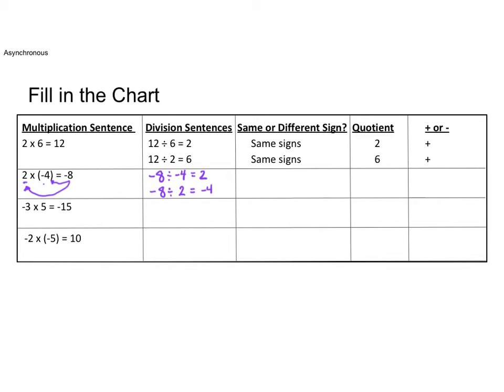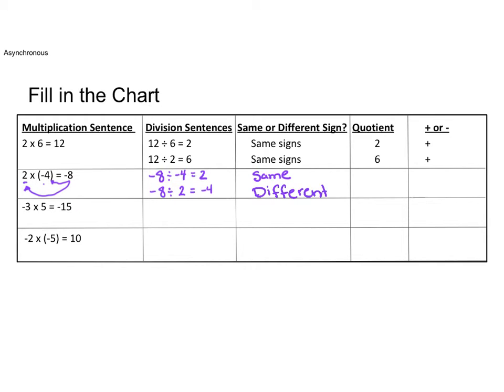Okay. Now, looking at the negative 8 and the negative 4, are they the same signs or different? They are same, okay? And then let's look at the negative 8 and 2. Are they the same signs or are they different? They are different. I have a positive 2 and I have a negative 8.